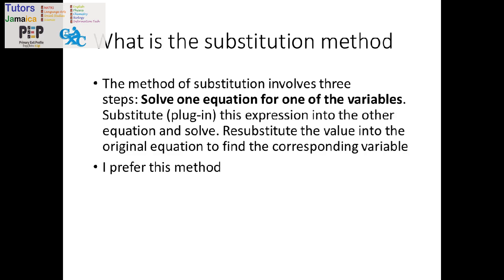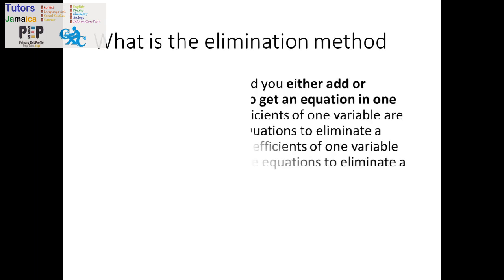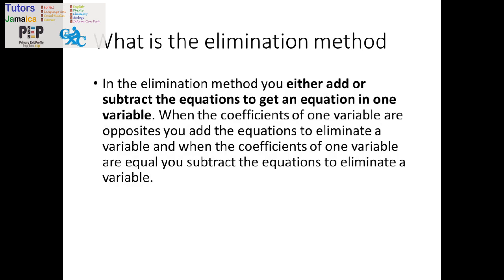I prefer the substitution method, but that's just for me. Sometimes the elimination method might be easier or more favorable, but most of the time I end up using the substitution method. So what is the elimination method? In the elimination method, you either add or subtract the equations to get an equation in one variable, meaning you get an equation that only has one variable. When the coefficients of one variable are the same but opposite, you add the equations to eliminate that variable.